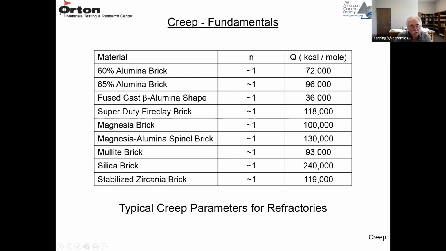By the end of this course, when we go through all these compositions, you'll know exactly what these materials are, how they're made, and what their significant properties are. But right now, when you make these measurements, the n value is all about 1. So that tells you it's going to be a diffusional or a viscous flow creep mechanism. And these are the corresponding activation energies in kilocalories per mole.